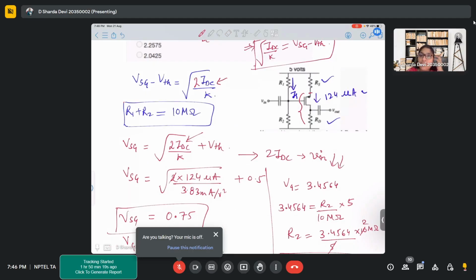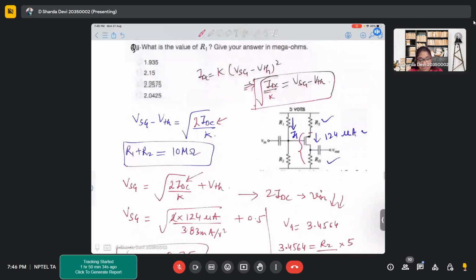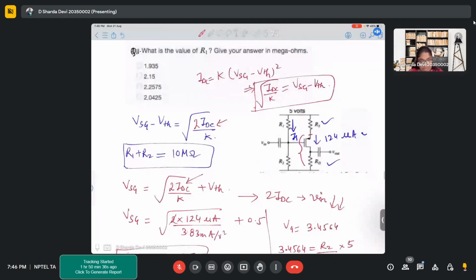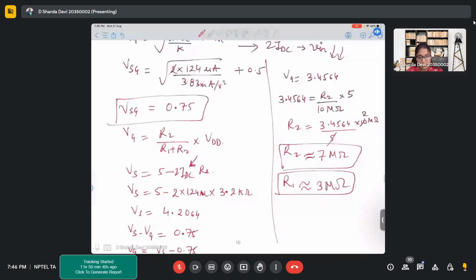This is another way we can go around, but it will definitely change the values. We'll see the fluctuation in values, because this extra factor of 2 is coming into the picture.